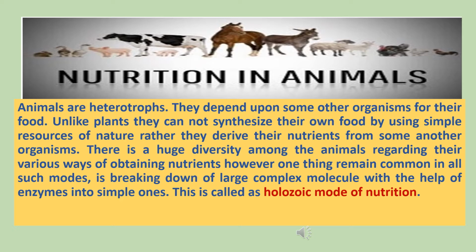But one thing remains common in all of them, that they take up complex organic material from nature or some other organism and simplify it so that it could be utilized by their cells.